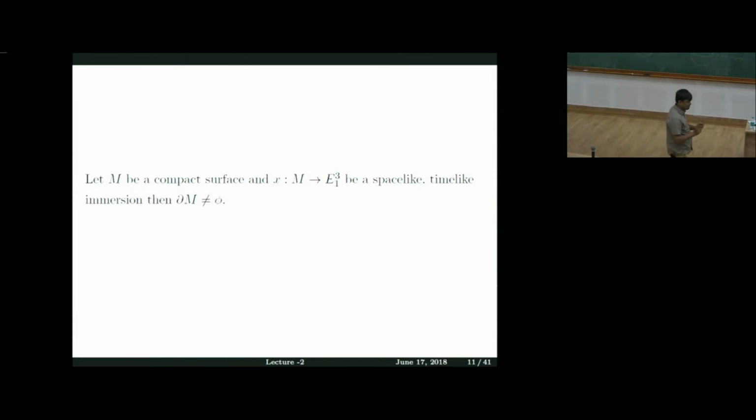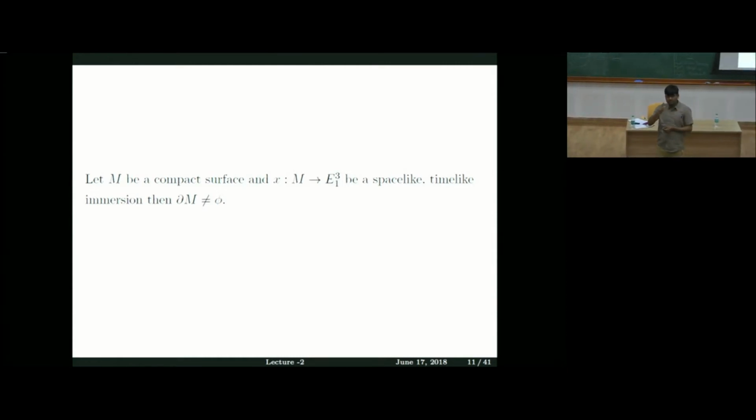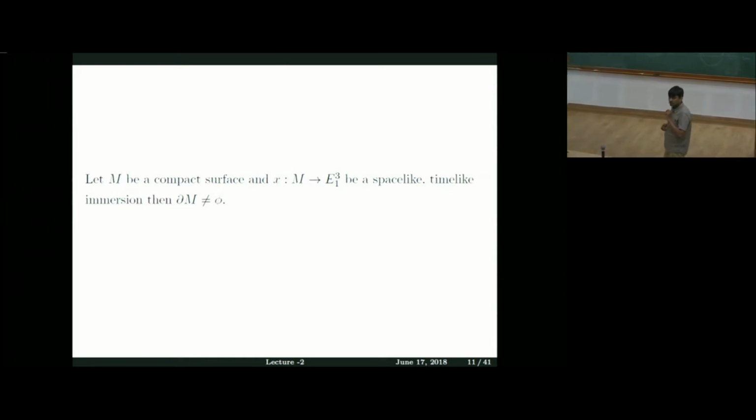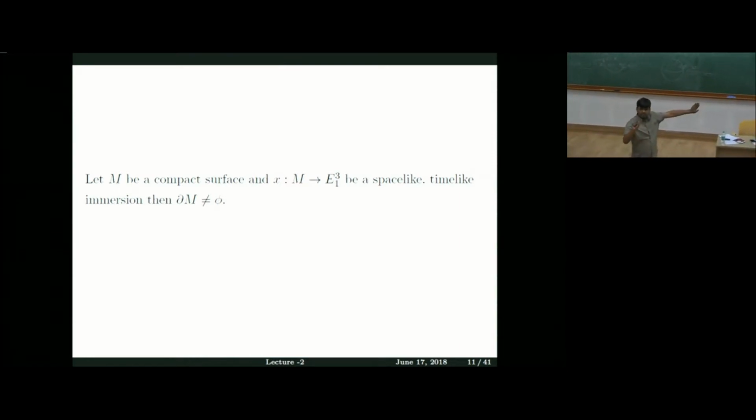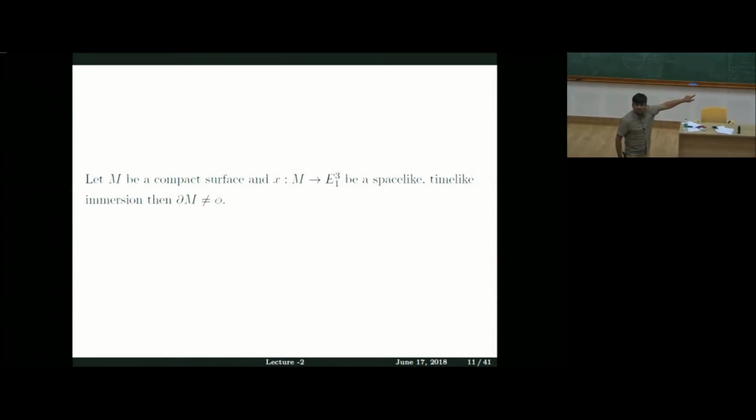Space-like immersion means what? Every tangent space is space-like. So what is the perp of that tangent space? Can you tell me? What I'm saying, I'm just trying to prove it for the space-like case. Suppose it is a space-like immersion, then the boundary is non-empty. Time-like is the same thing.